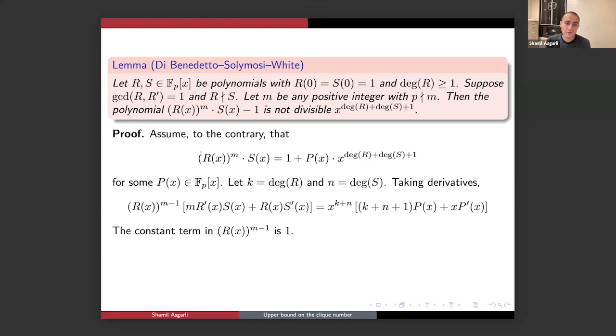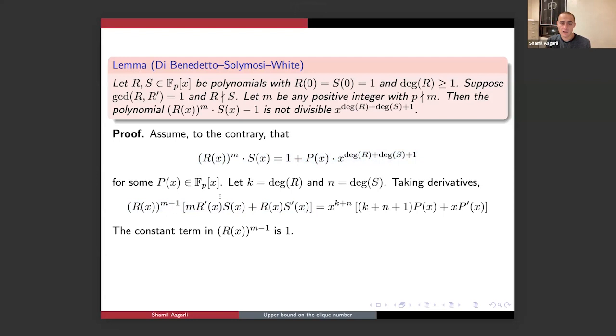Then let's take the derivatives of both sides of the previous equation. If I take the derivative of the left-hand side, I apply the product rule, and I get this term. And if I apply the derivative on the right, the derivative of 1 is 0, and the derivative of this can be calculated using the product rule.